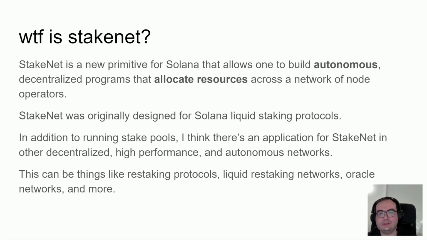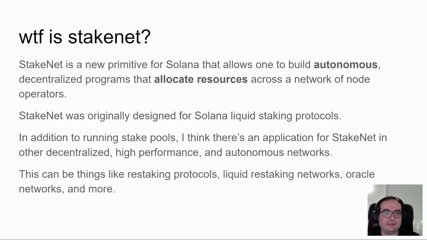Liquid staking protocols distribute resources, but they don't do it in a decentralized and autonomous way. And decentralization matters, actually. We don't do this for fun, or for the intellectual challenge. It's actually useful because it reduces risks.